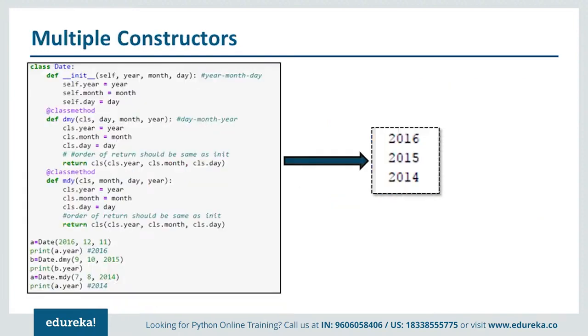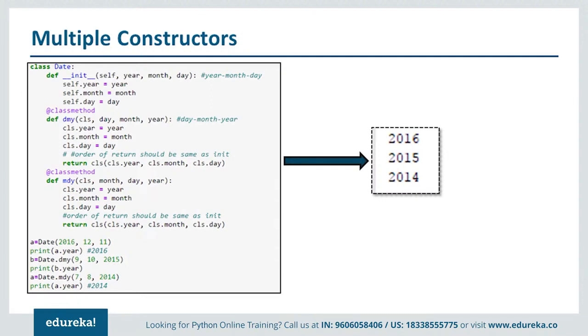Now we can have multiple constructors also, not only one. In this example you can see that we have a class called Date, and there we have a default constructor in which we set the values year, month and day. Whenever we want to create an object, at that moment we can provide those variables.